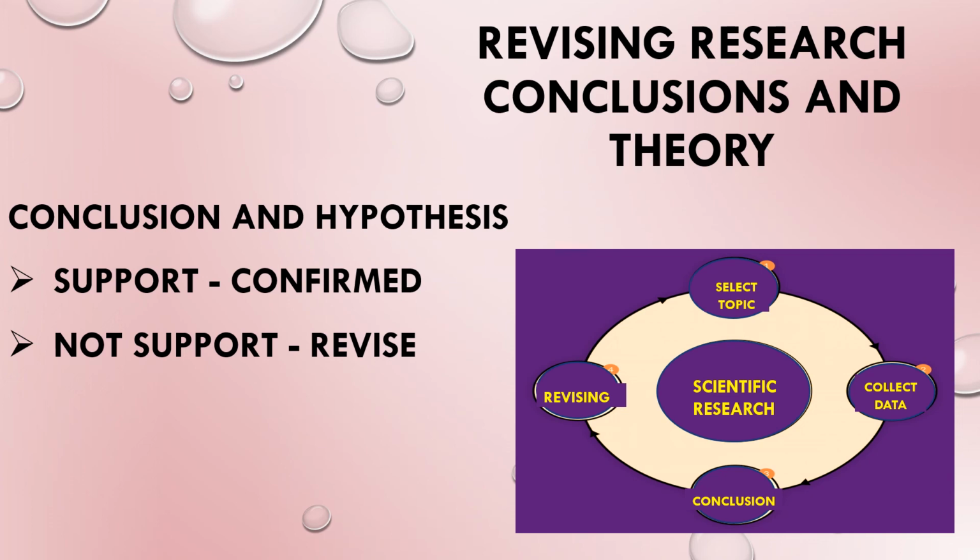If it matches, it is confirmed, and if it doesn't match, then we need to change our hypothesis and conduct the study once again. So, research is actually a continuous process. While revising, a new hypothesis is made and it is tested by collecting new data. So, this is a continuous process.